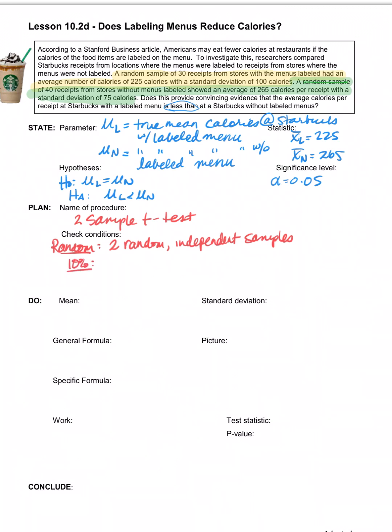10% condition. So let's check the number of receipts. The first one has 30 receipts. Is that less than 10% of all receipts? Yes, at stores with the menu. And then the other one was 40. I think it's safe to say it's less than 10% of all receipts at stores without menu labeled.